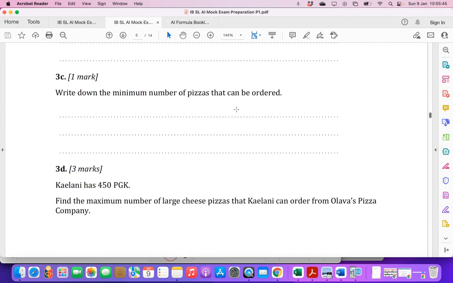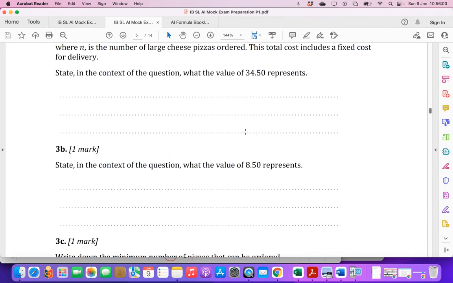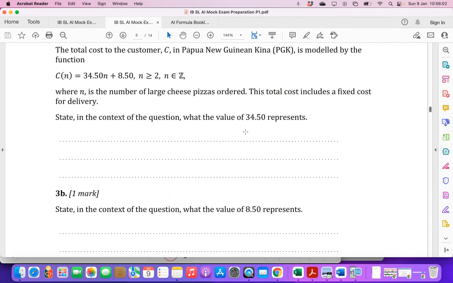has 450 PGK, and that's what we're going to have to solve the equation. 450 is going to be equal to our rate plus delivery cost here.